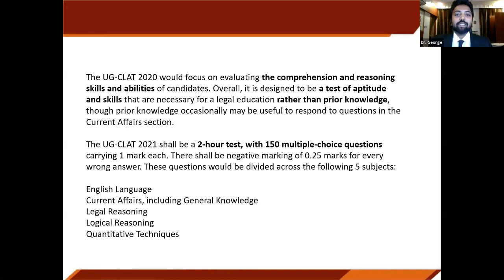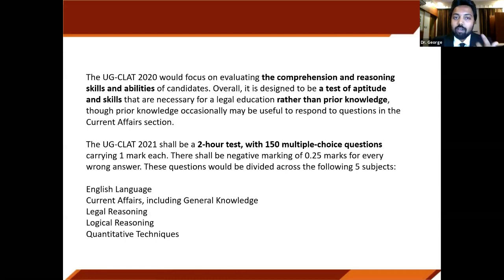The words on this slide are the exact words picked out of the consortium of NLUs, because I wanted you to look at the text that they're offering as part of their notification and what they are saying.